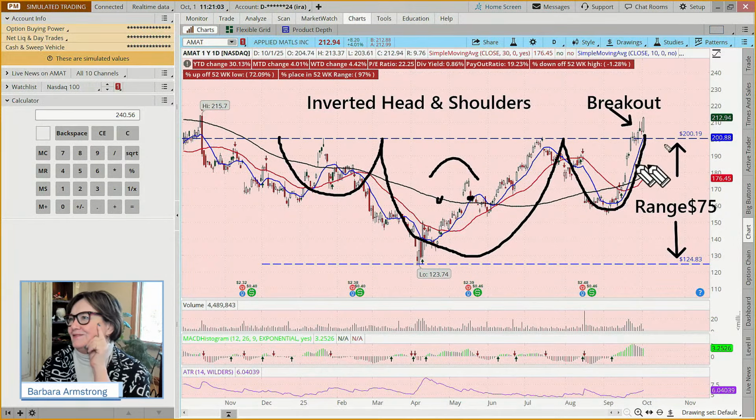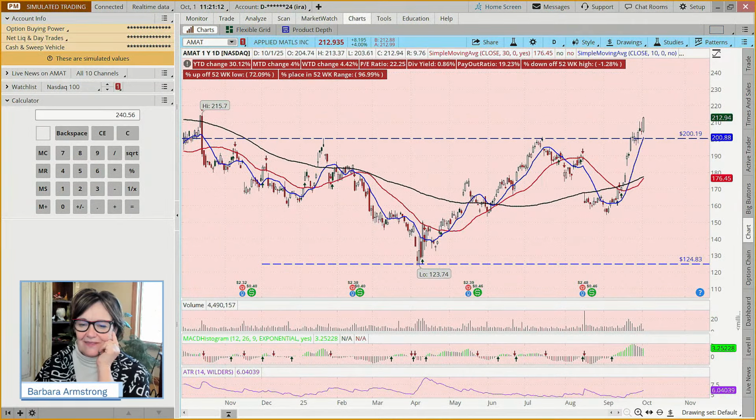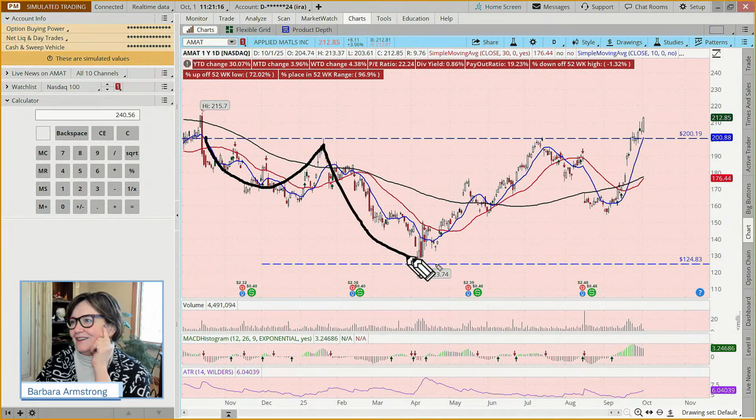Obviously my skew is a little off here. We have a range of about 75 and a breakout. We may want to realign it. My chart was a little different. Here's our inverted head and shoulders.